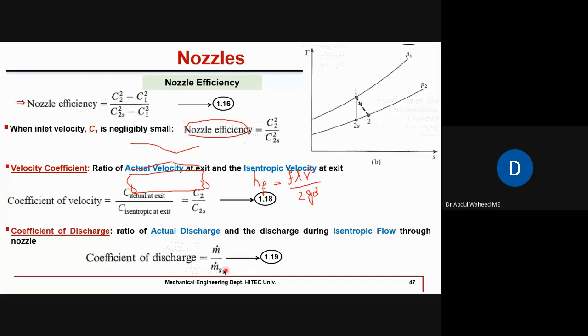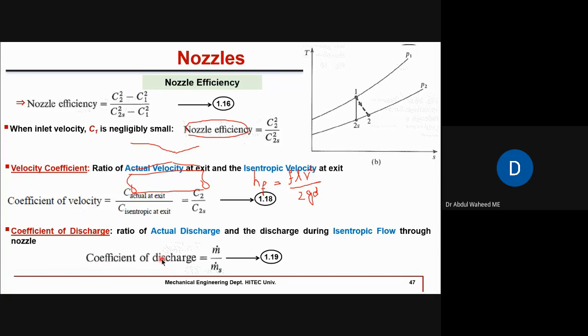So again, here s simply means for isentropic. So actual mass flow rate divided by isentropic mass flow rate is known as coefficient of discharge. All right. So now we have all these equations related to nozzle performance in terms of efficiency or in terms of coefficient of velocity or coefficient of discharge.